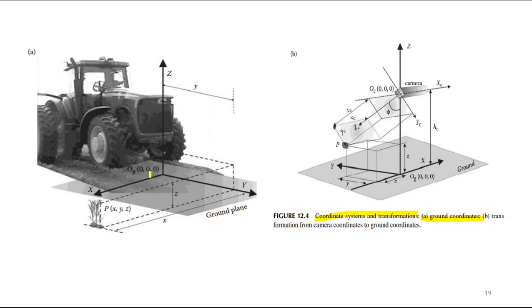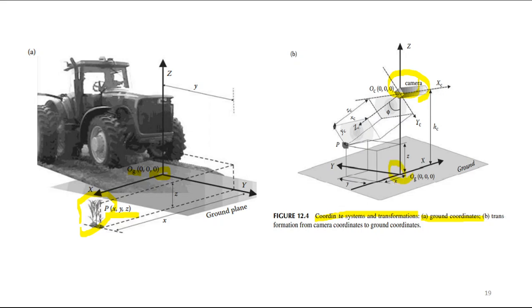Maybe there is a reference center point here, OG, and each point, for instance a crop here, has a position X, Y, and Z in the ground coordinate. Here is your camera coordinate. This is your camera, and your ground is here.